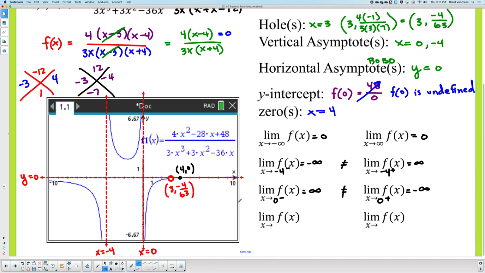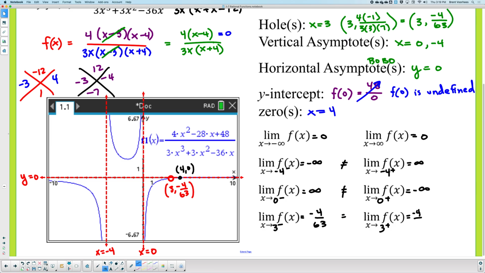Their values are different. And now here, as we approach 3 from the left, and then as we approach 3 from the right, both of them are approaching this point there. Both of the pieces are approaching that point, which we found to be negative 4 over 63. So these will be equal to one another.